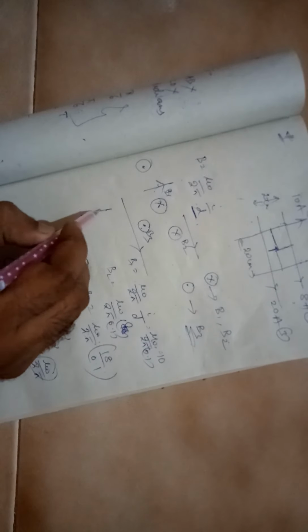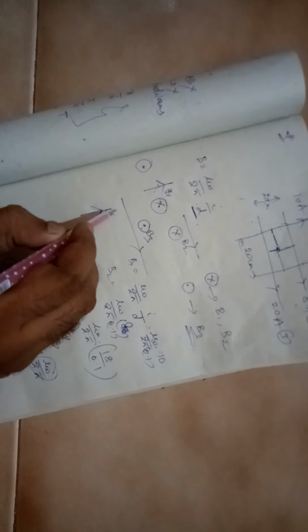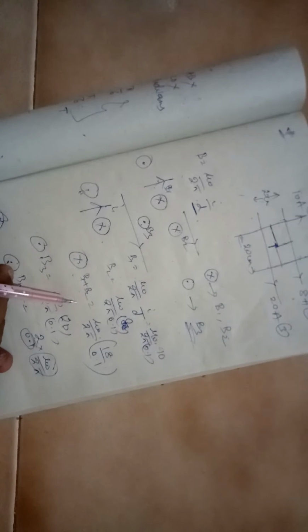Whether it is upward or downward, we need to decide. If the current direction is upward, let us say this is my I direction, towards the right I am getting cross and towards the left I am getting dot, but I need a cross on the left side, because this point is to the left of this wire.